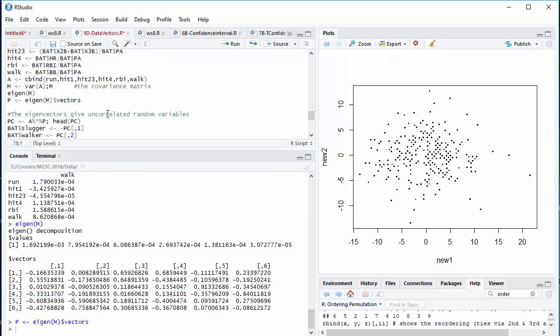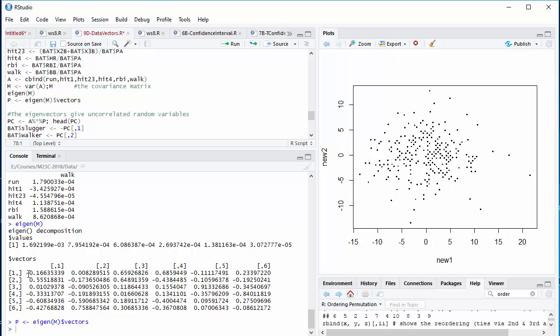Well, the vectors form a change of basis matrix. Let's give it the right name, P. Here's our change of basis matrix. It is a matrix of eigenvectors. Each column of this matrix tells me how to express one of my new random variables, a new eigenvector, in terms of my original old basis vectors.